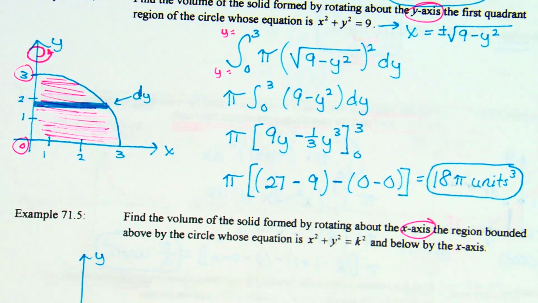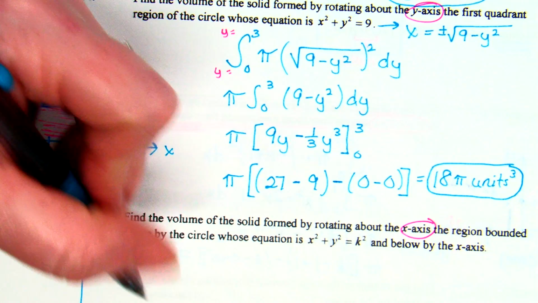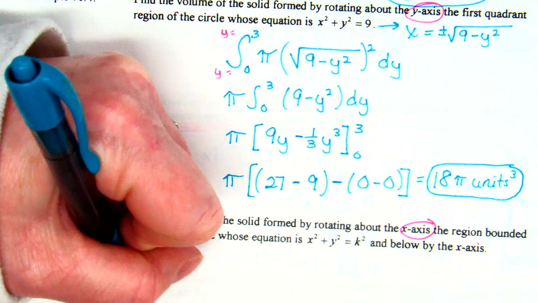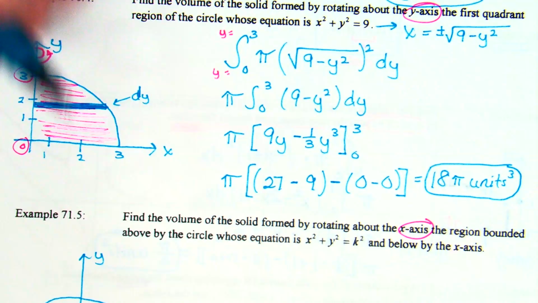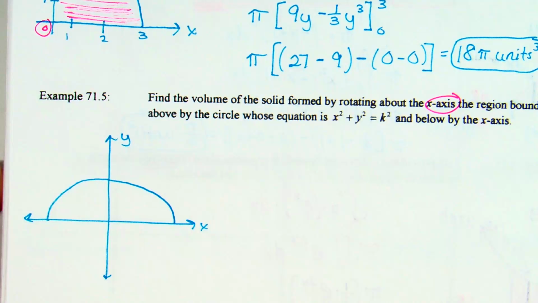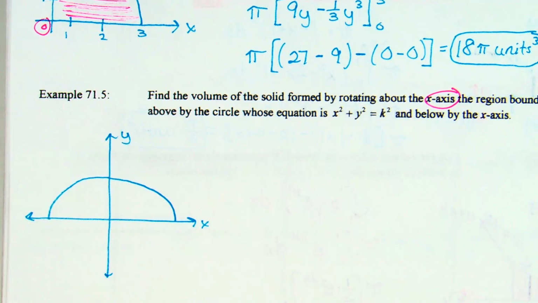So we're drawing the region above the x-axis. Can't see what I'm drawing again. A half circle. It didn't confine it to quadrant 1 here. It said above the x-axis. Okay? So it specifically said above the x-axis.